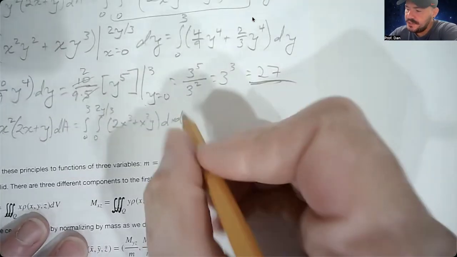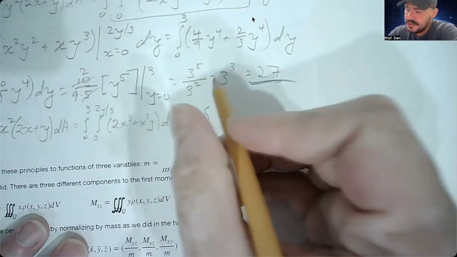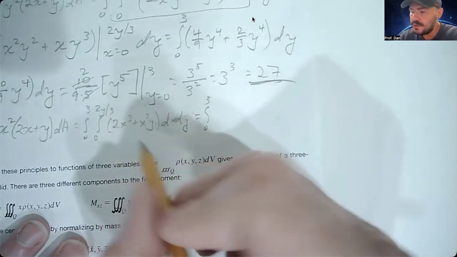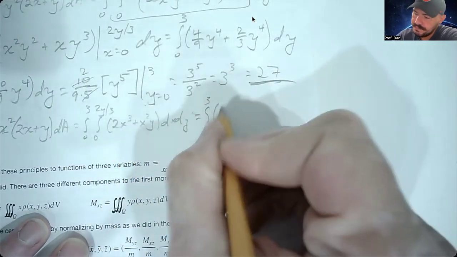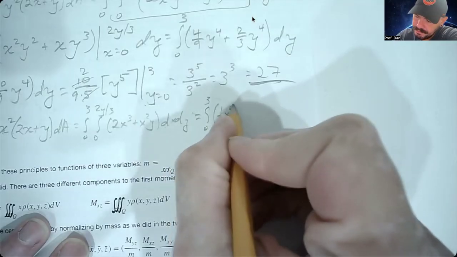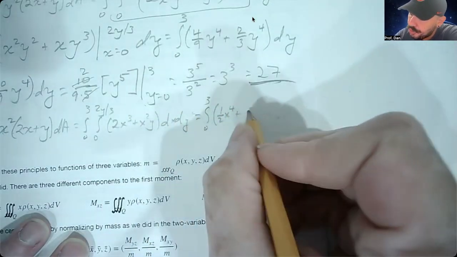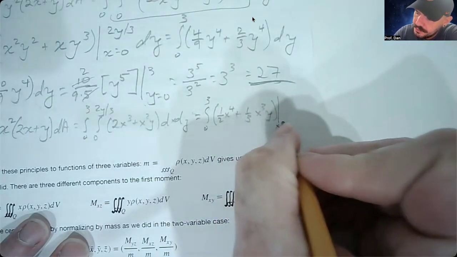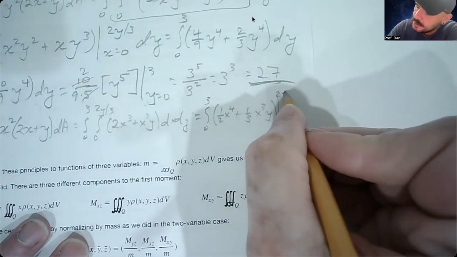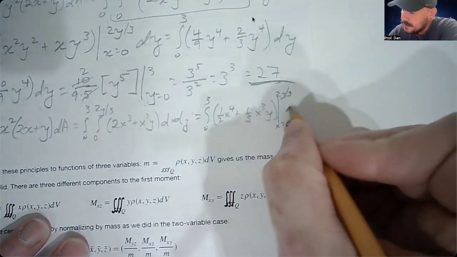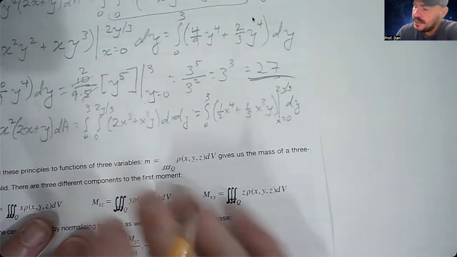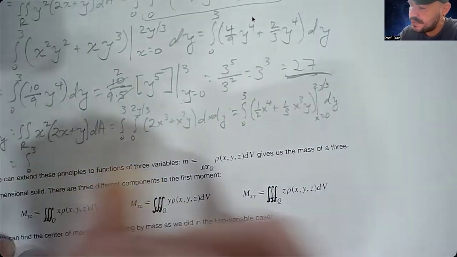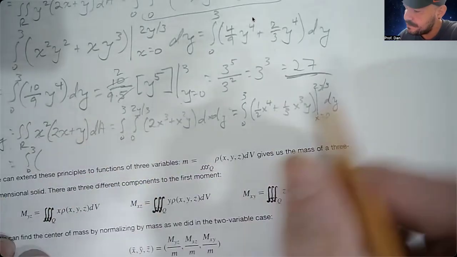All right, then anti-differentiating with respect to x, we would get 1/2 x to the 4th plus 1/3 x cubed y, evaluated from lower bound to upper bound. Okay, and then plugging in the bounds will give us this integral.